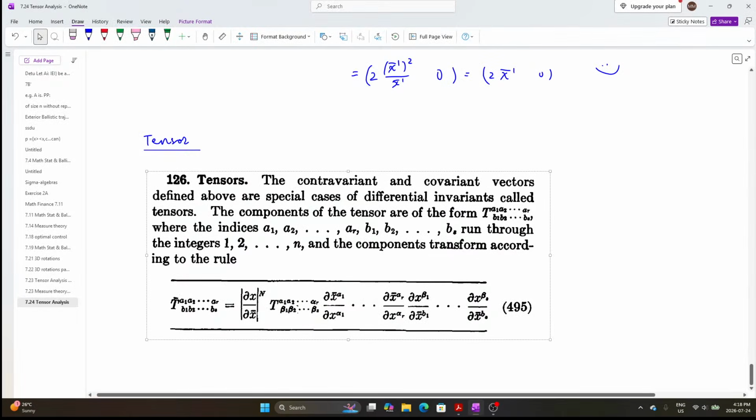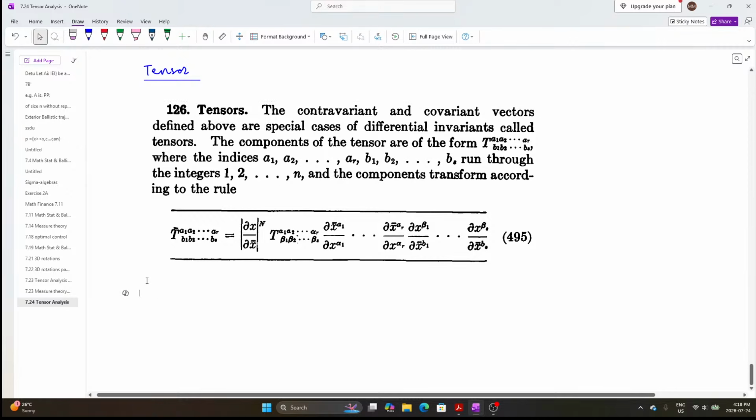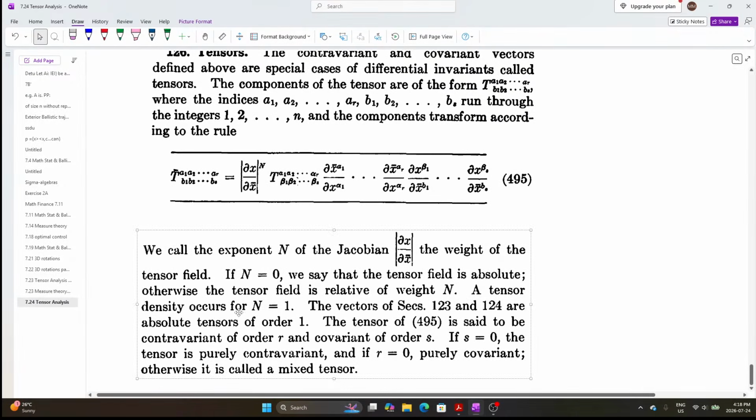I think perhaps we need to write this ourselves, okay, and put some comment on it. We call the exponent big N of the Jacobian dx over dx bar the weight of the tensor field, right? So big N, that's a new thing. Previously, we've been using big N equals 0. I don't know why there's a big N, but anyway, that's just an extra thing, I guess.